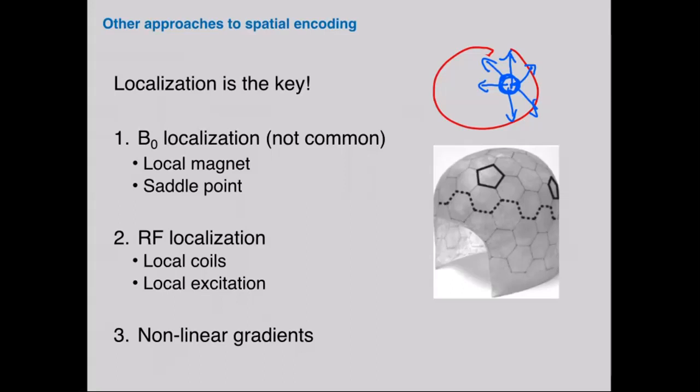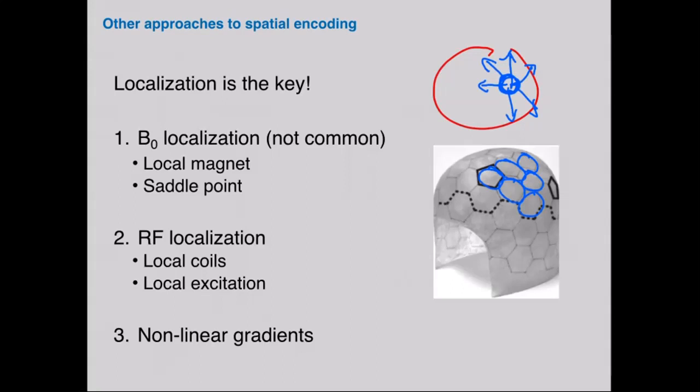Another one is RF localization. So for example, if this is a head coil or head array, like a head, you can put a coil that's really big that is sensitive to the entire volume, but you can also put an array of small coils. And each of these small coils is sensitive to the RF energy that is emitted from the tissue next to it.